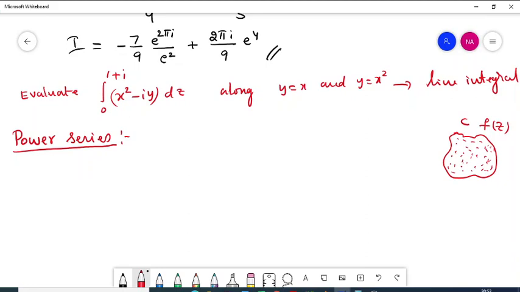So some authors, instead of considering this simple closed curve, will consider a circle because that is more convenient to choose the point. Let C be a circle such that the function is analytic at all the points within this circle. So this is the general case.